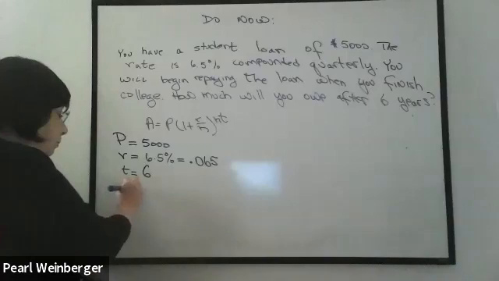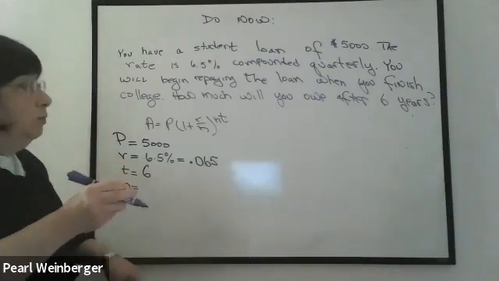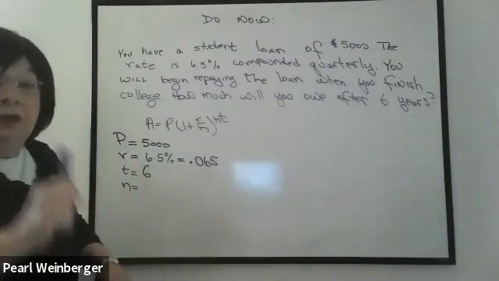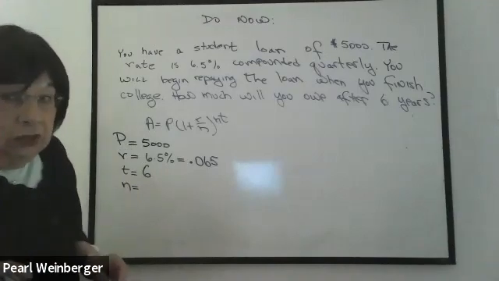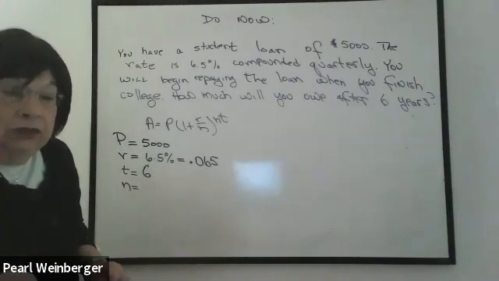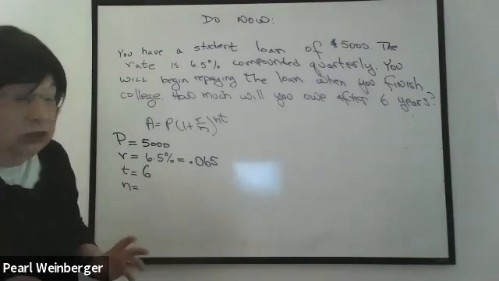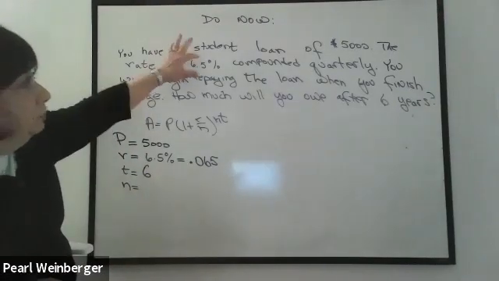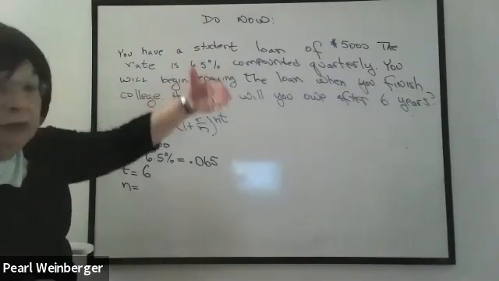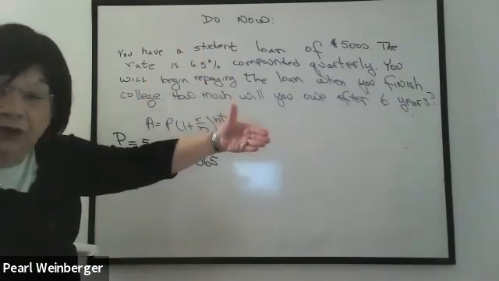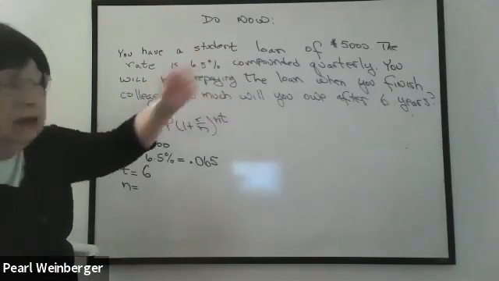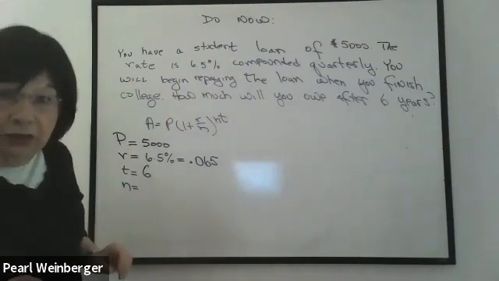And the final letter is the N. Now remember, N stands for the number of times the interest is compounded or figured out each year. And that's where you have to look where it says compounded and figure out how many times. Here it's telling us it's compounded quarterly.